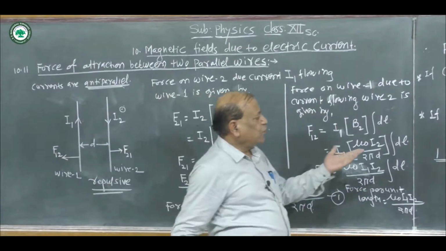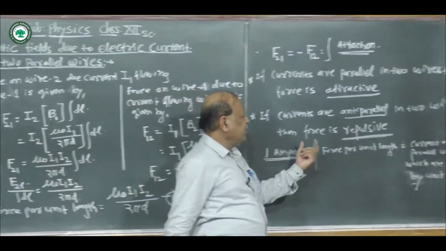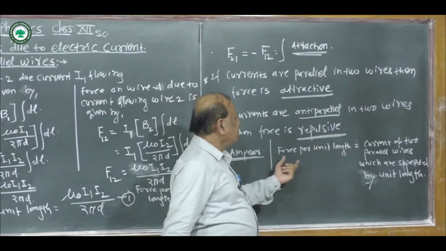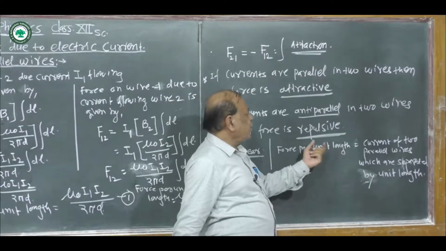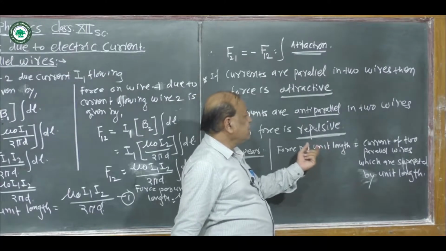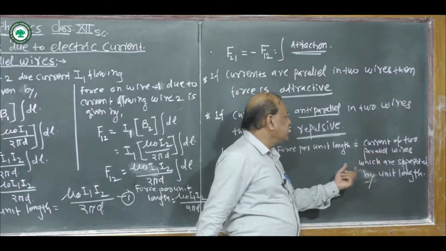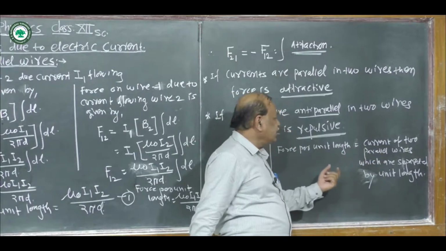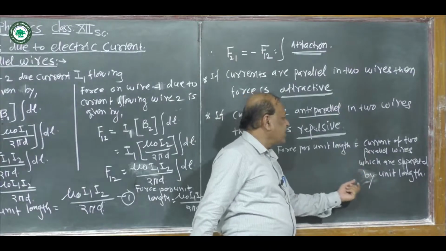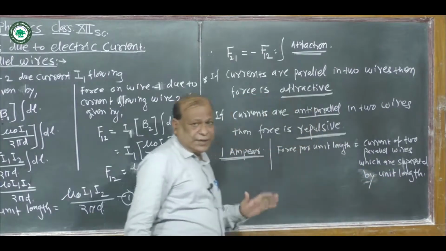Now we can define 1 ampere. It is the force per unit length of wire if the currents in two parallel wires are separated by a unit length.